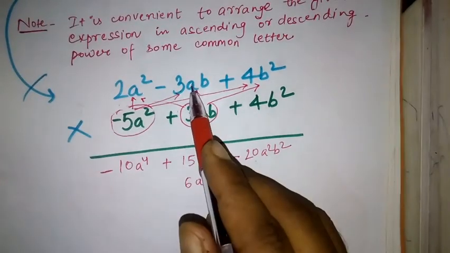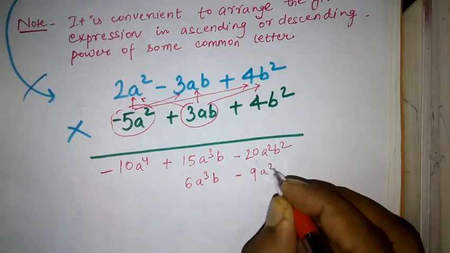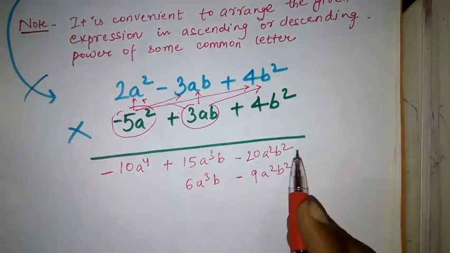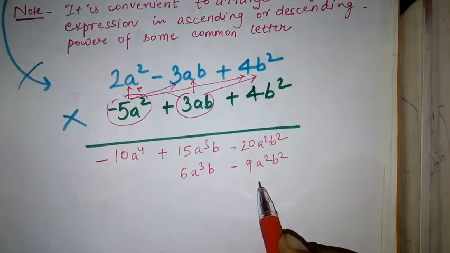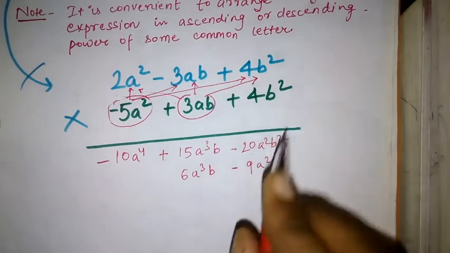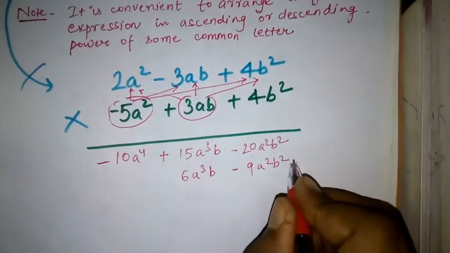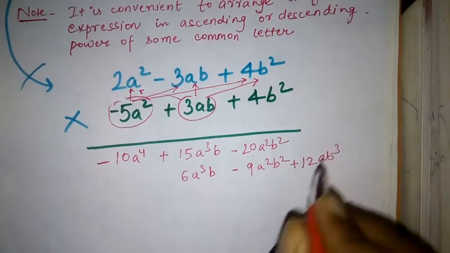Then 3ab into minus 3ab is minus 9a square b square. Again we write it under the a square b square term so that like terms are in the same column. 3ab into 4b square is 12ab cube.